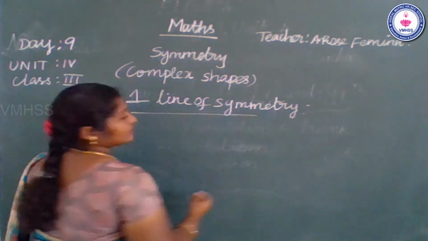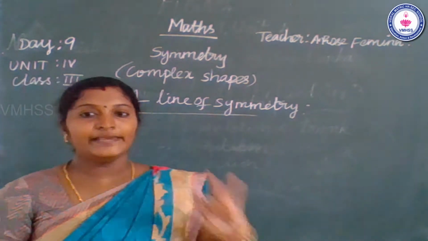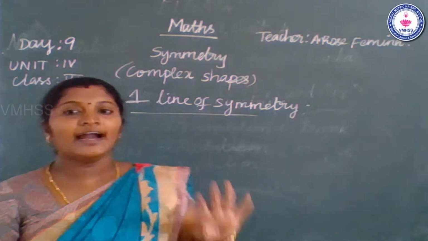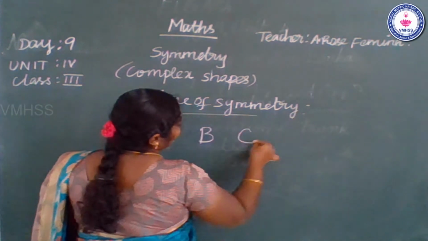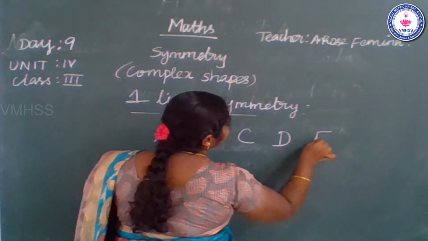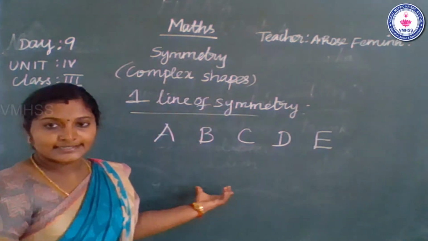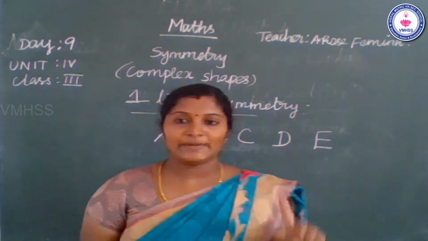So, what are the letters? A, B, C, D and E. These letters have one line of symmetry.